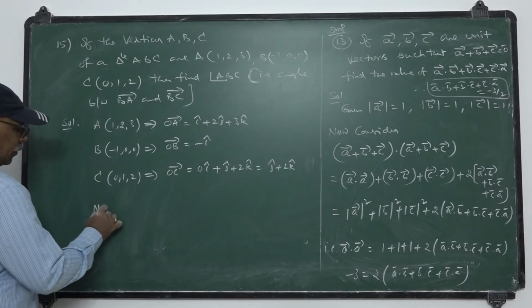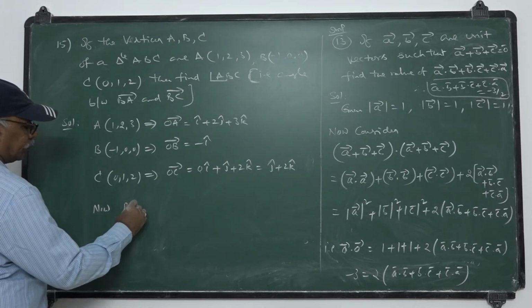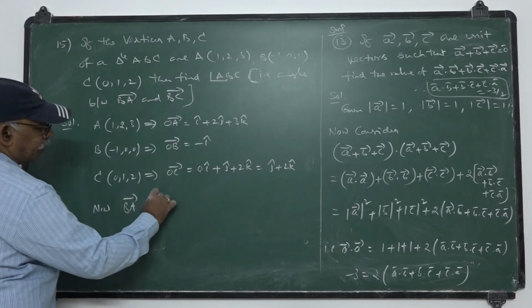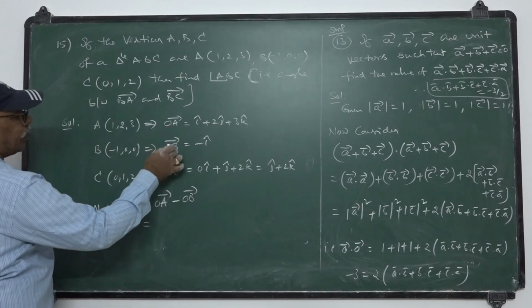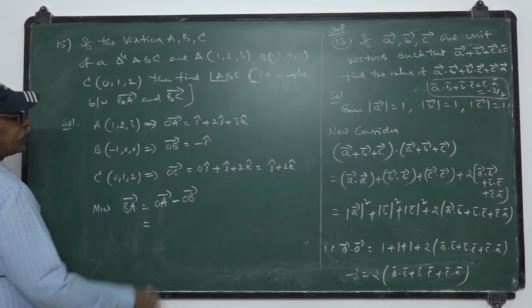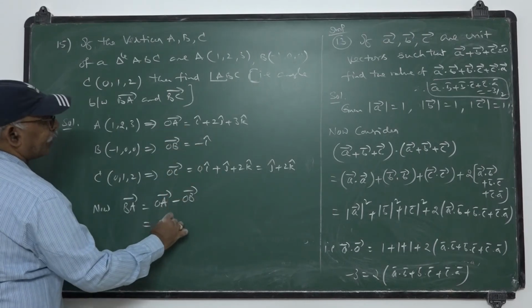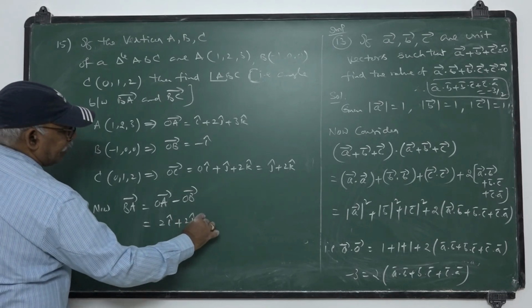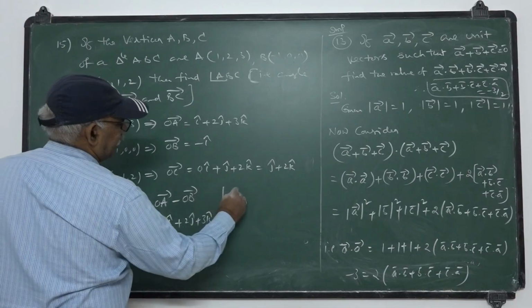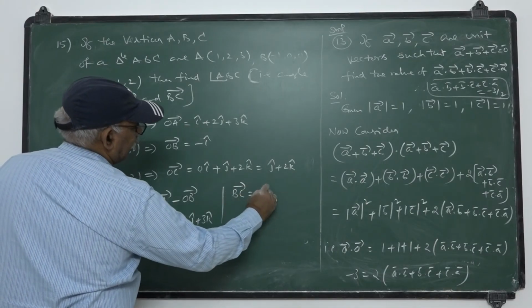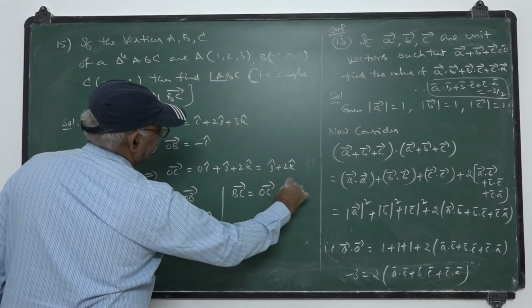Now find BA bar. That means by position vectors, OA bar minus OB bar. OA minus OB is 2i plus 2j plus 3k. Similarly BC is OC minus OB.